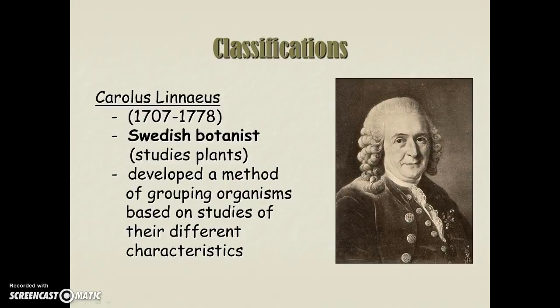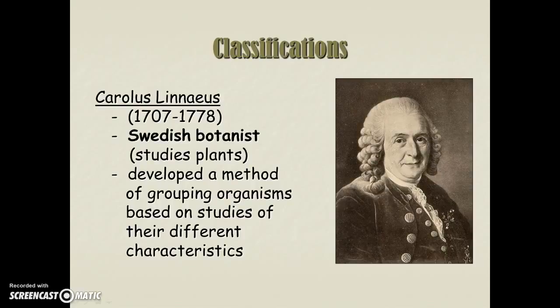A little bit of background information. Carl Linnaeus was the scientist back in the 1700s that developed the first classification system. He studied plants, and if you think about how difficult it is to look at a plant and determine what type of plant it is, he was having these same difficulties when studying the different characteristics.